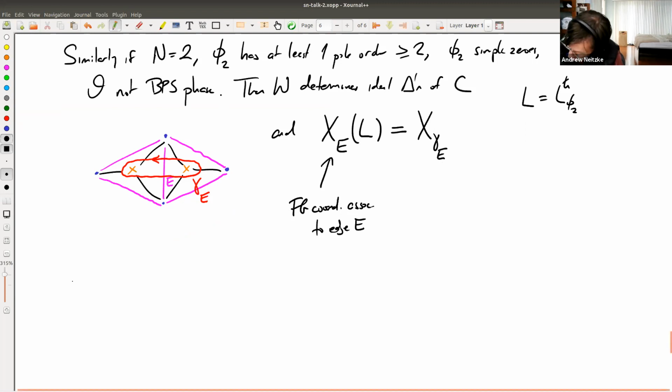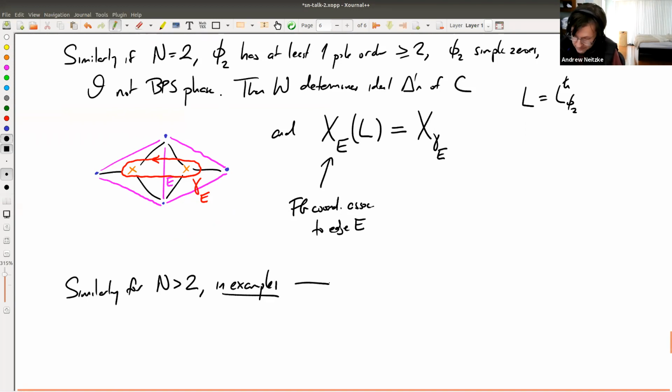And then maybe I'll just say that a similar thing happens for n bigger than 2 in examples. The X gamma recover cluster coordinates on moduli spaces of local systems.